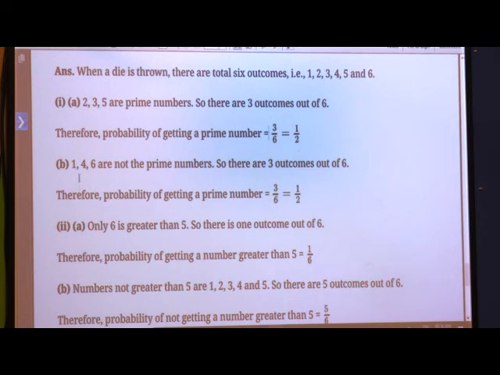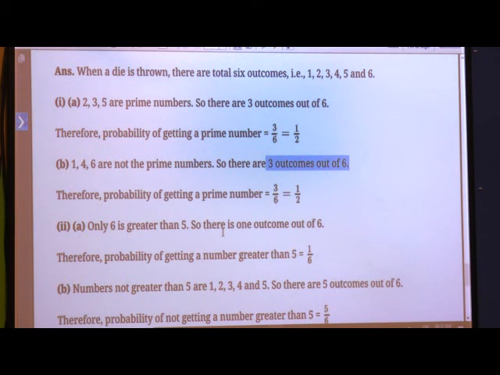Coming to the second one, not prime numbers. Now, in 1, 2, 3, 4, 5 and 6, which are not the prime numbers? 1, 4 and 6 are not the prime numbers. So, there are 3 outcomes out of 6.